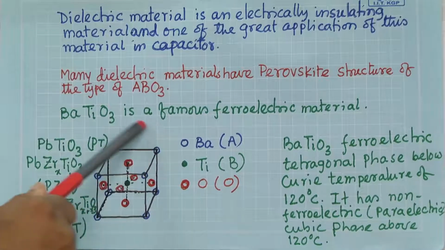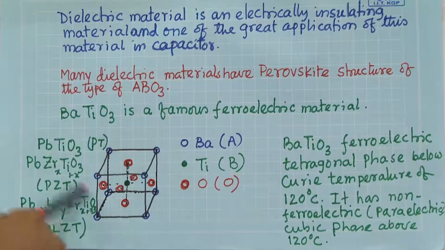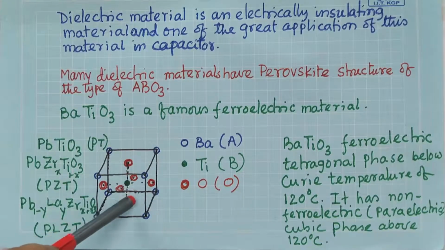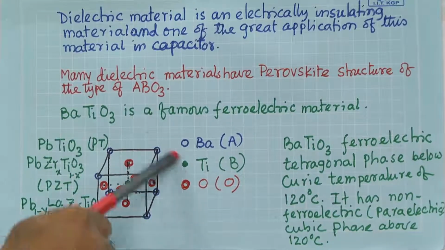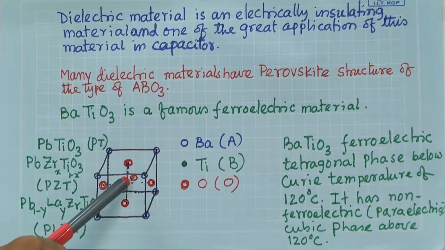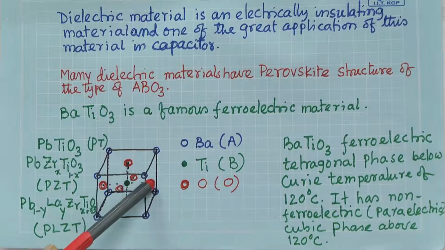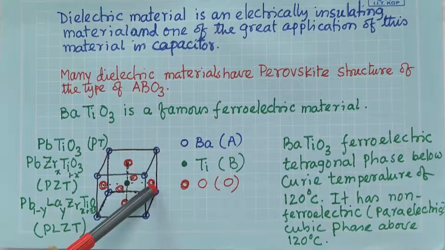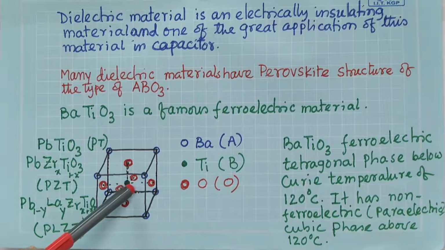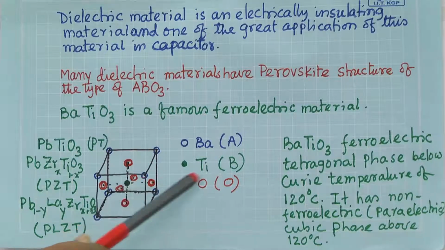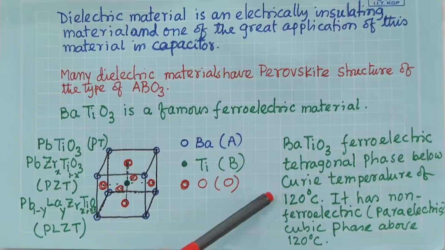In the cubic phase, the center of positive charge and the center of negative charge coincide, whereas in the tetragonal structure they do not coincide.